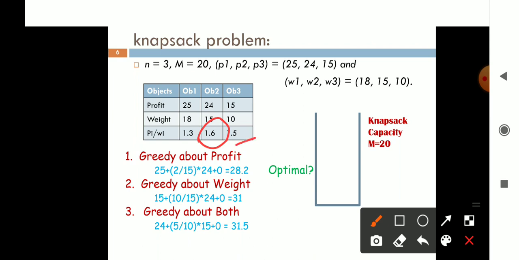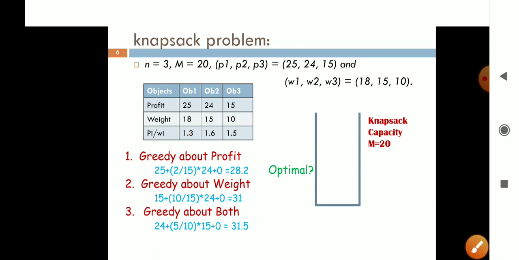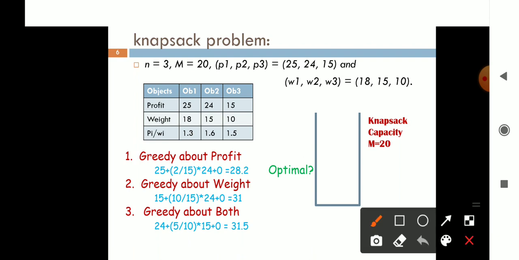Then we are going to choose 1.5, and lastly, if we have remaining capacity in the bag, we go for 1.3. So this Pi divided by Wi we have to use in sorted order: first the highest ratio, then the second highest, and then the third highest.